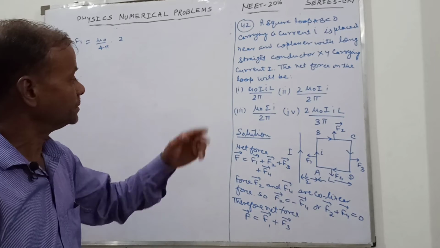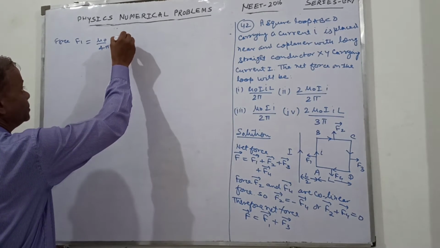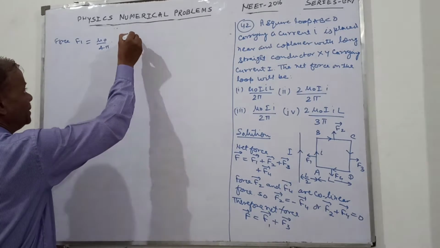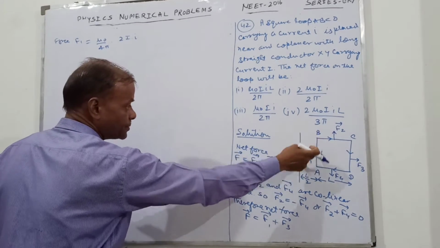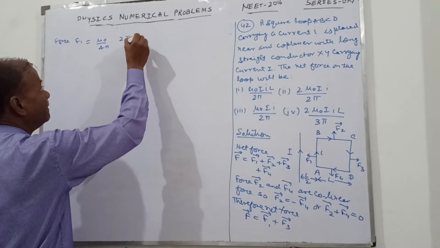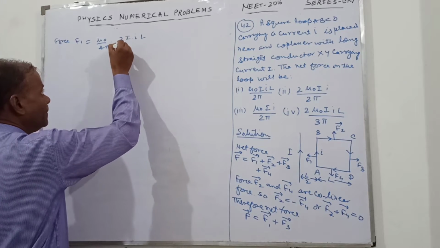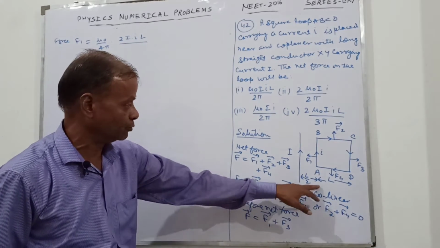So here mu naught I into I into L, L the length of this side, upon the distance from this one, which is L by 2.